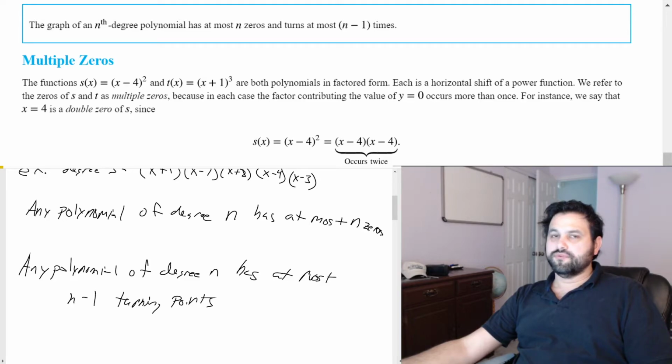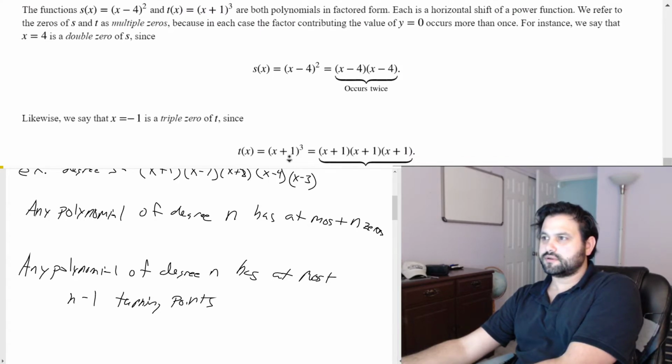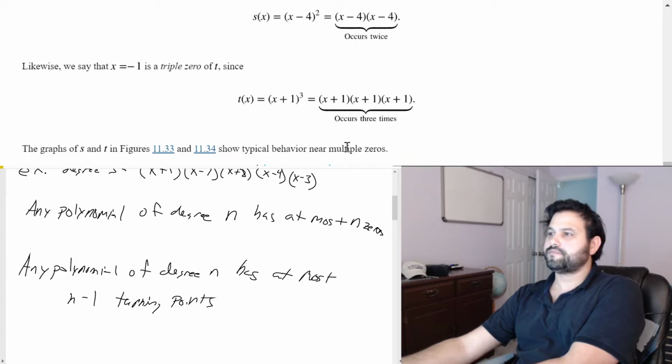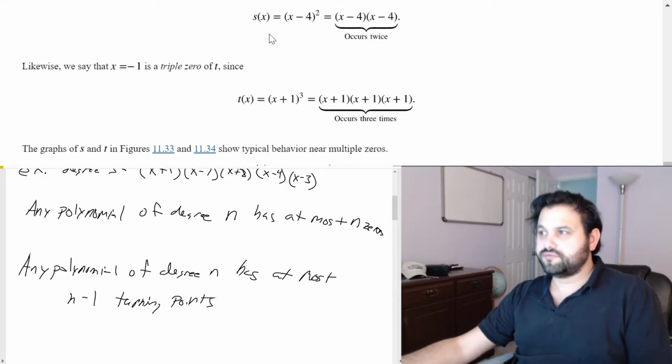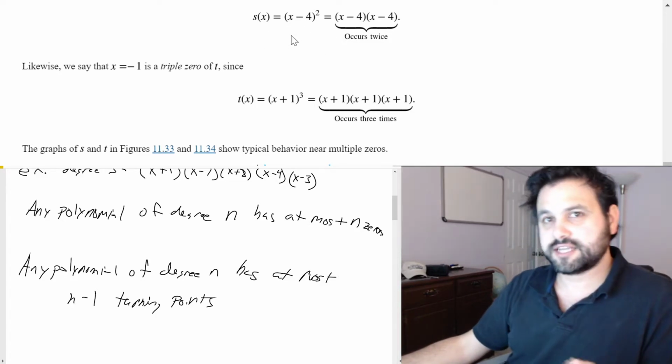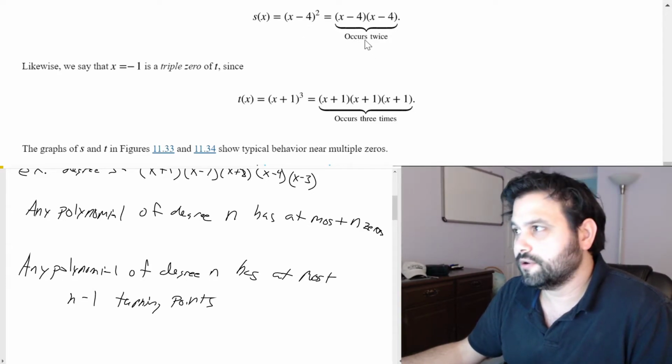If we write this out, not fully in expanded form, but if we just expand the exponent, x minus 4 squared is x minus 4 times x minus 4, right?